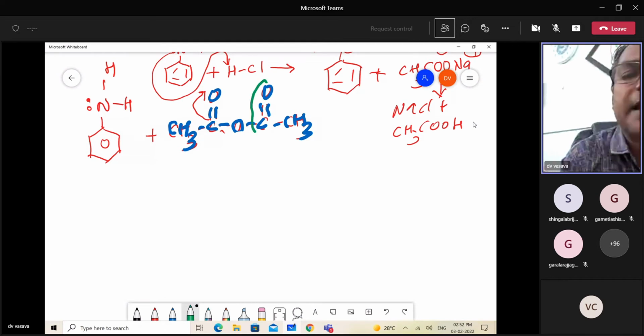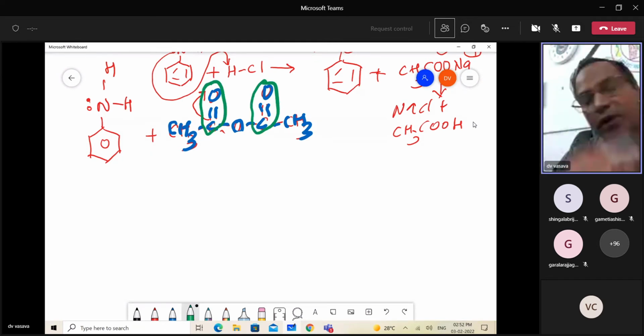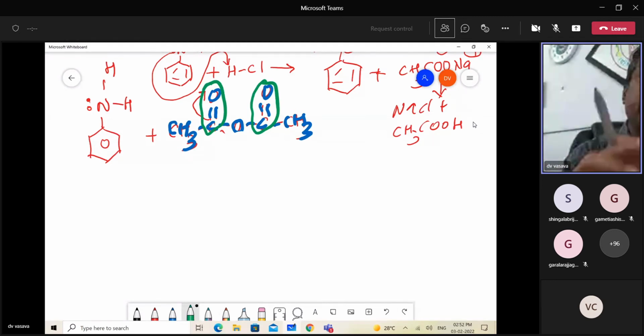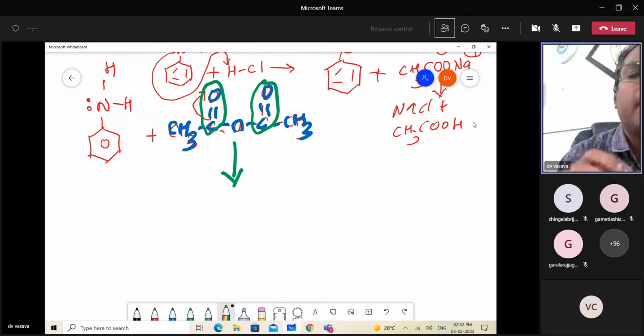Two carbonyl groups are here, this one and this one. So either carbonyl group can take part in this reaction. I am taking this carbonyl group.